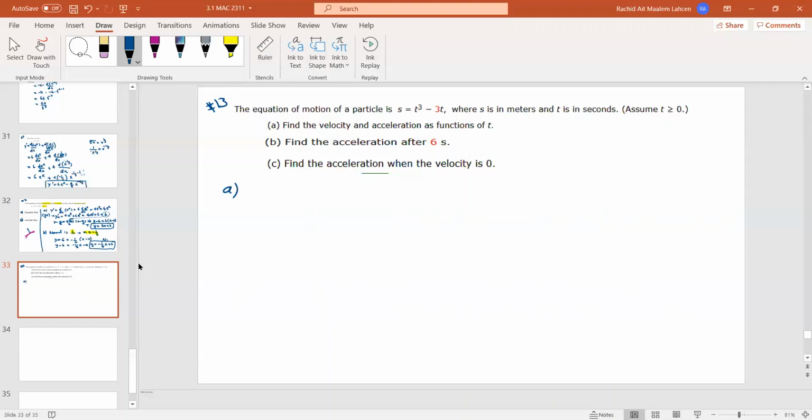So for A, the velocity is going to be this first derivative, which you'll do with the power rule, and t is just like x. Remember, the variable for which you differentiate is the one you use, and we will see this later on a little more, and it makes a difference. It doesn't mean x, it means whatever variable we're differentiating with respect to.